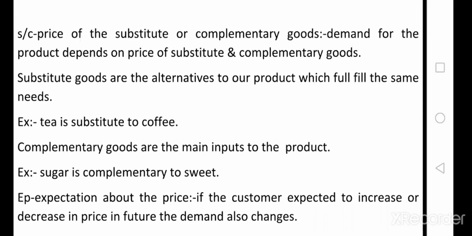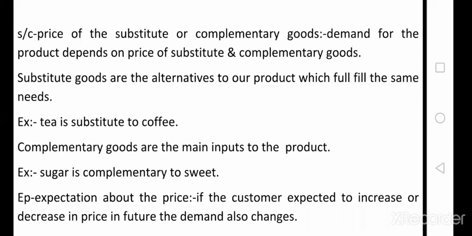So substitute goods are different goods, but they fulfill the same needs, so they are called substitutes. For example, tea is a substitute to coffee, and ice cream is a substitute to cool drink. By a change in the substitute goods price, the demand for our product changes.